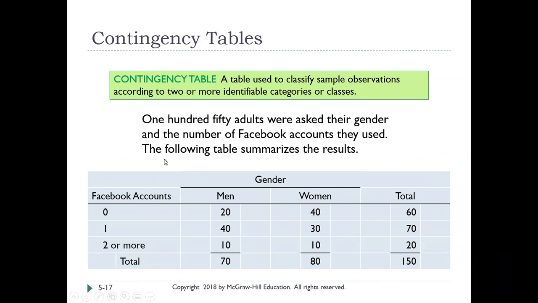Well, the way to do this would be, of the people that don't have Facebook accounts, 60 people, what percent of them are women? Well, that'd be 40 out of 60. So 2/3, right? Really easy to do a Bayes' theorem problem like that. You don't even have to use the formula, as long as you can identify what the question is asking and how to look at the table.